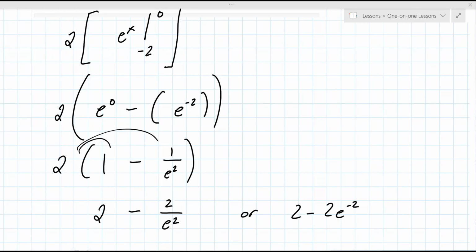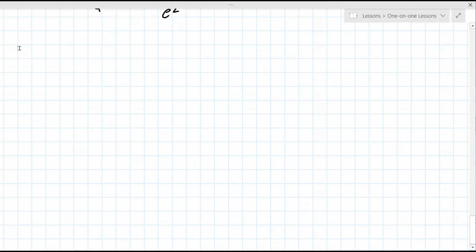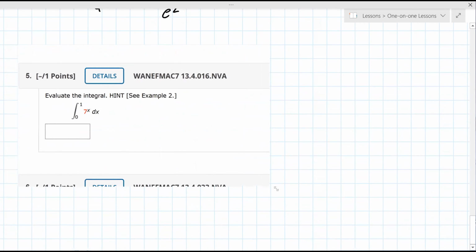So the thing is, 1 and 2 were really similar, and then every one we've done since then has been different, and we're about to do 5 and it's different. 5 is just something different altogether.